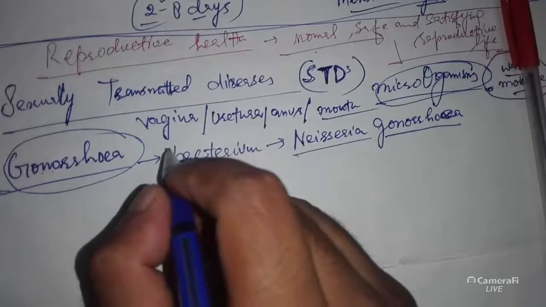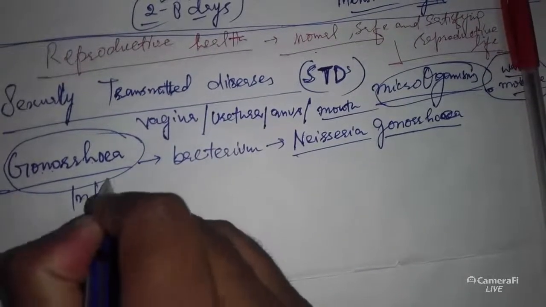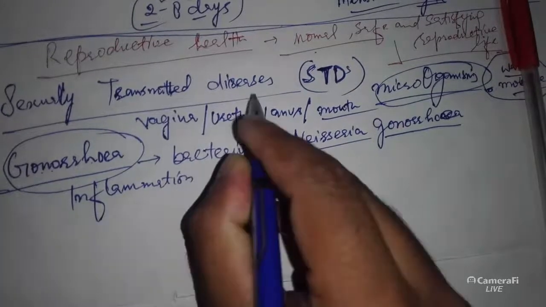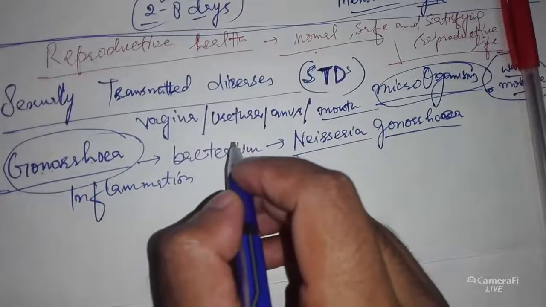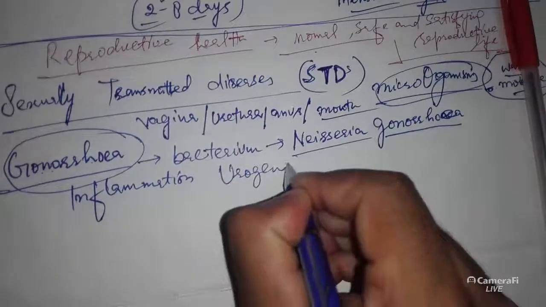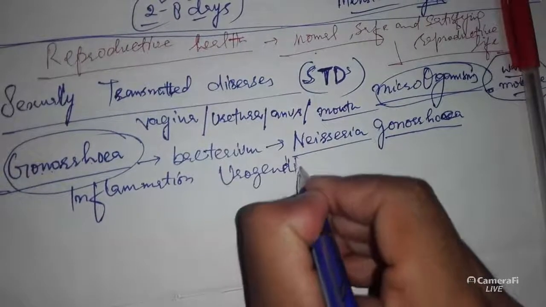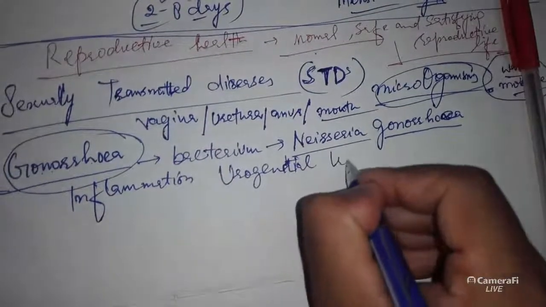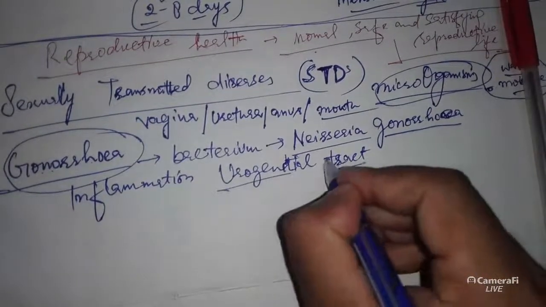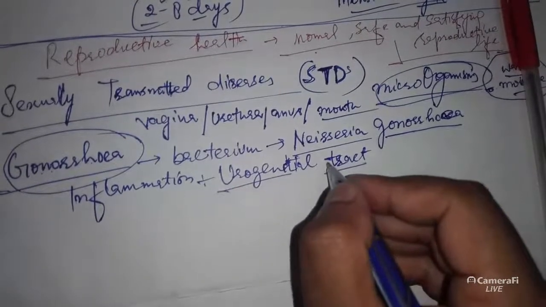This disease is characterized by inflammation of the urogenital tract. Urogenital tract means the tract which is associated with the urine system and the reproductive system.